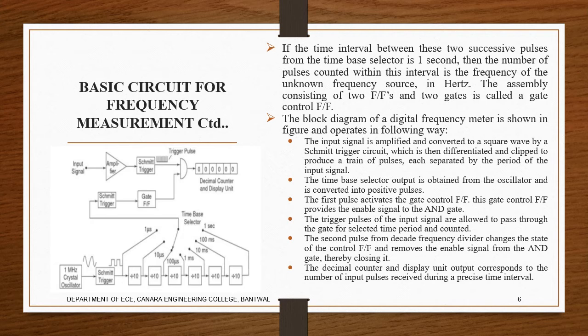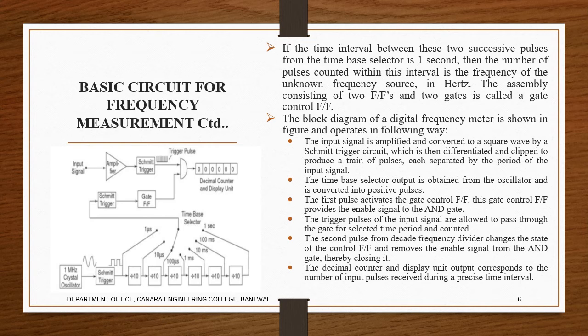The first is 1 microsecond, then 10, 100, 1 millisecond, 10 milliseconds, 100 milliseconds, 1 second. These are the different ranges to be selected by the time-base selector, which again is provided to the Schmitt trigger and given to the gate flip-flop, which enables or disables it. So we have to set the duration for which the pulses are to be captured.